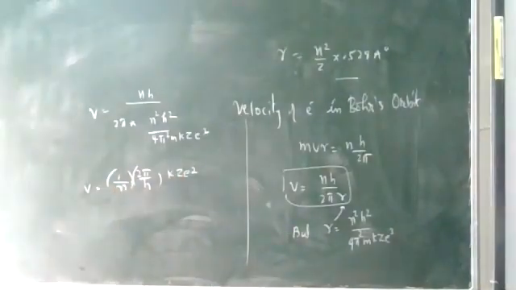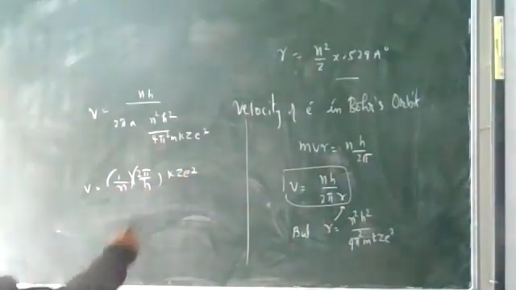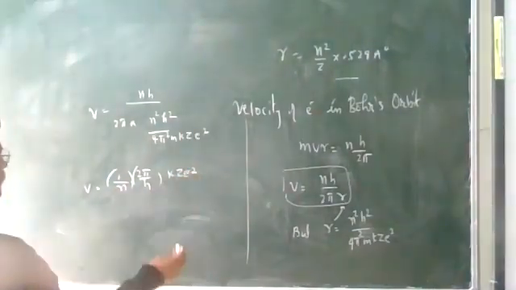On simplification, we are getting V equal to 1 upon n, 2 pi by h, k Z e square.